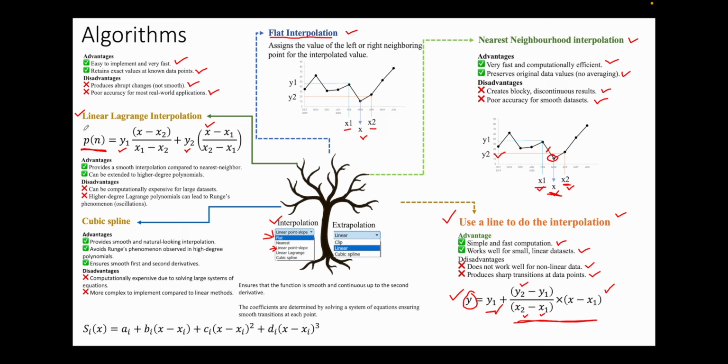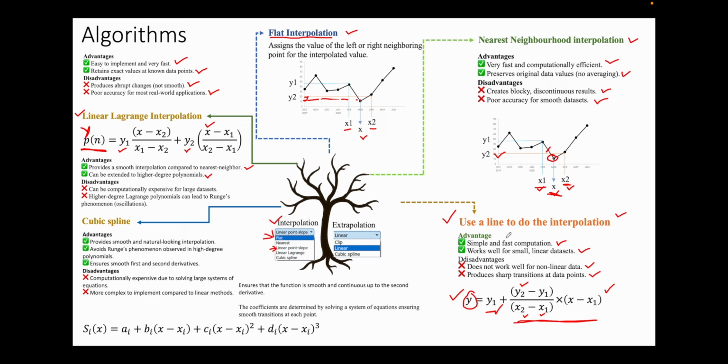So basically this polynomial is y, which you are trying to determine. In that case, you can use this technique, and it provides a smoother interpolation compared to nearest neighbor interpolation, and can be extended to higher order polynomials.